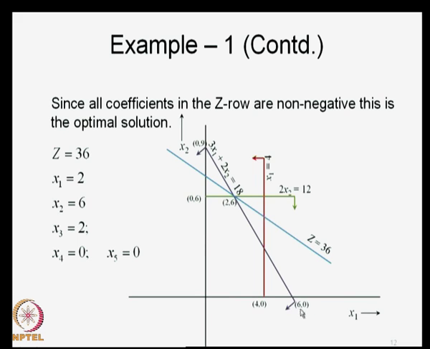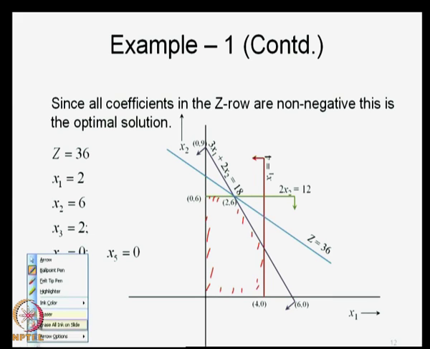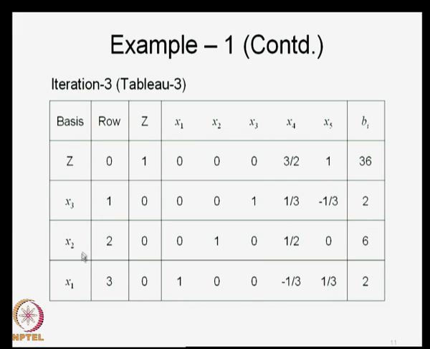Recall that this is your feasible space, and we finally obtained the optimal solution as this particular point 2, 6 and z value was 36. So, the x1 value was 2 here, x2 was 6, and of course, x4, x5 will be 0 at this point, and that is exactly what we obtain here. X1 is 2, x2 is 6 and z value is 36.